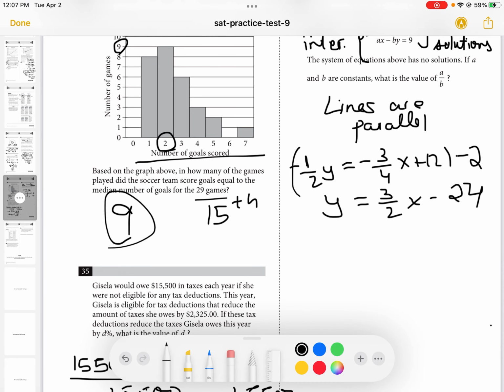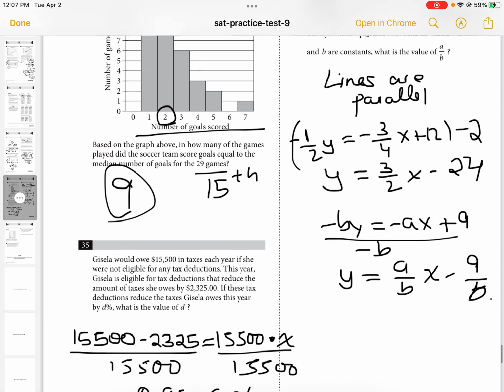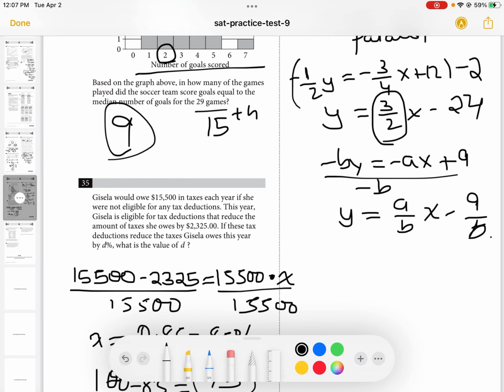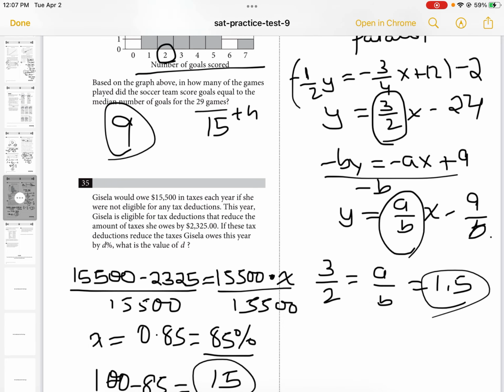And when we write ax minus by equals 9 in slope-intercept form, we get negative by is equal to negative ax plus 9. Once we divide everything by negative b, you get y is equal to a over b x minus 9 over b. We know that for the lines to be parallel and never intersect, the slopes have to be equal. So 3/2 is equal to a over b. So a over b is just 1.5. And that's our answer.